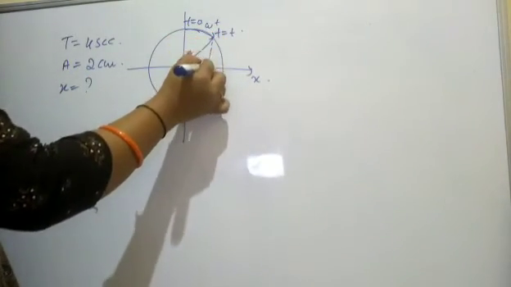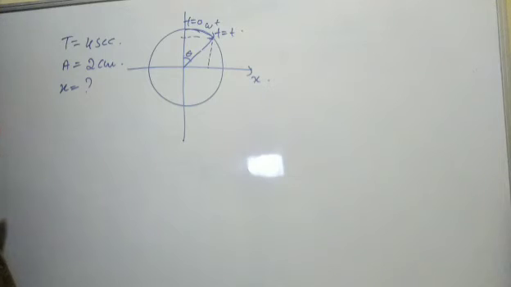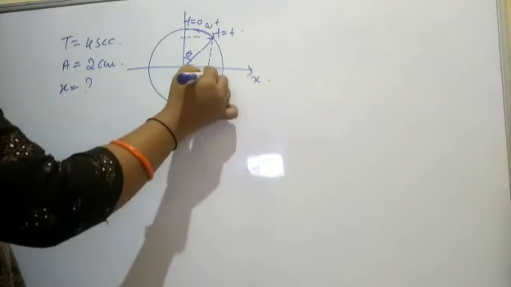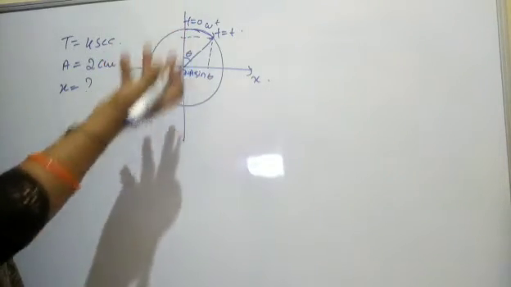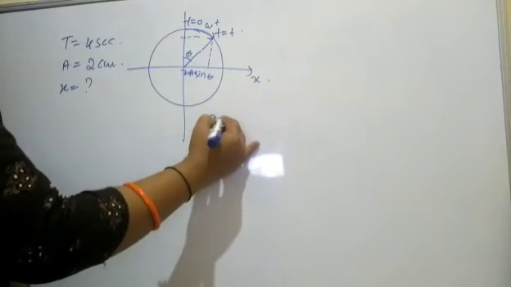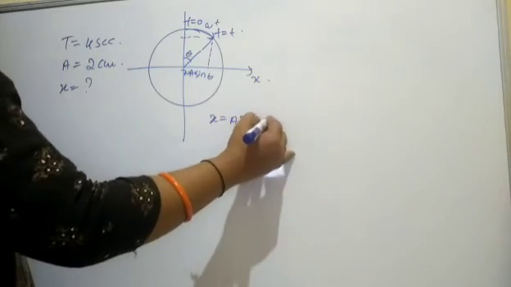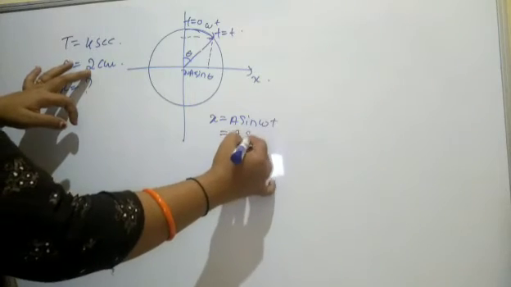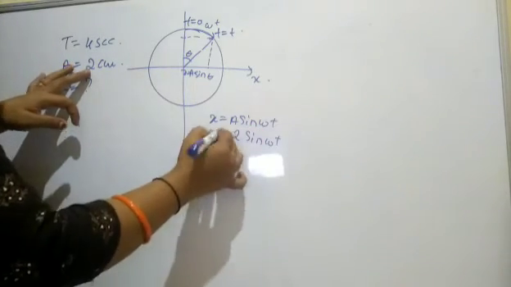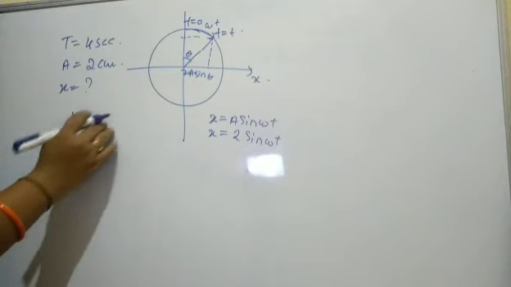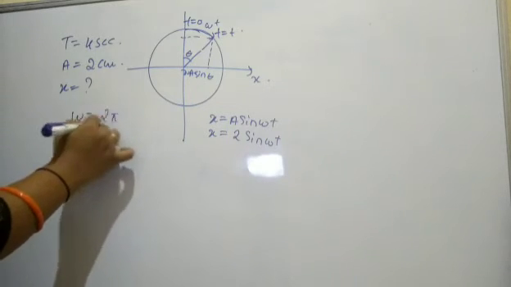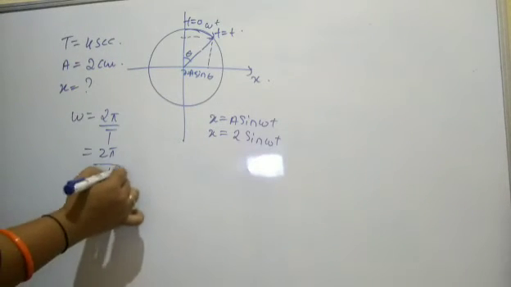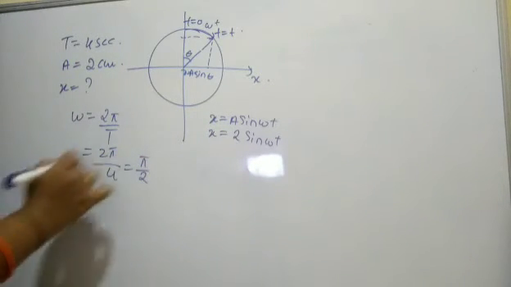So draw the projection here, right? We have a sin theta here, where x is equal to a sin omega t. A is given as 2, so 2 sin omega t, where omega has the relation 2 pi by T. So 2 pi by T is 4, that is pi by 2.